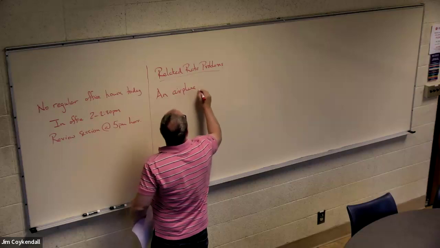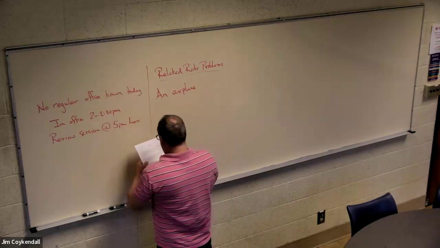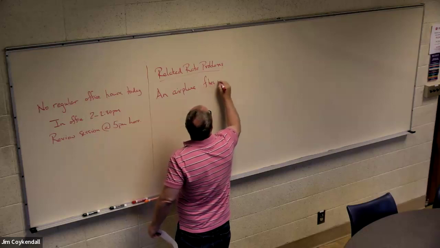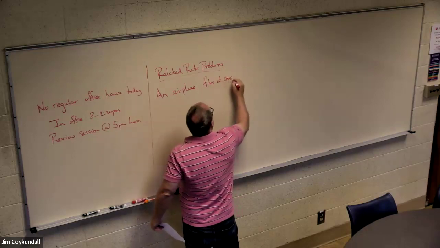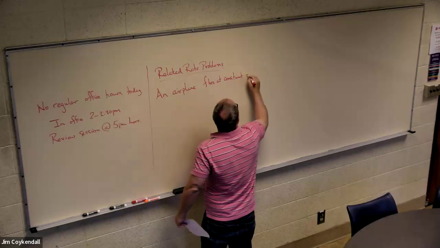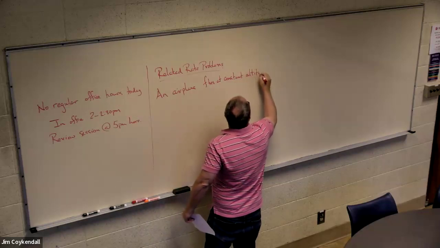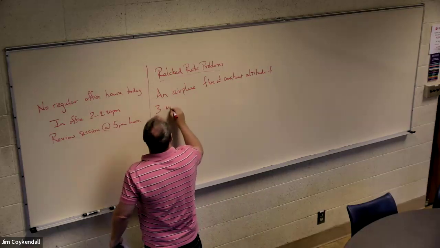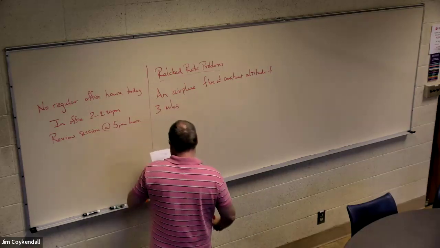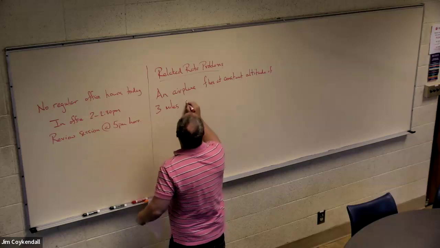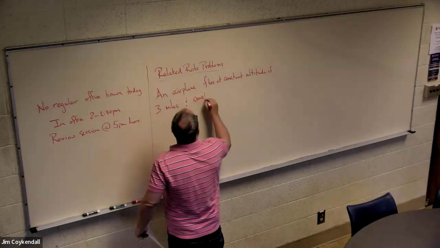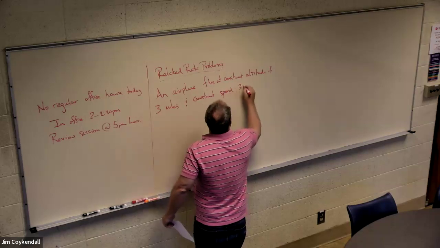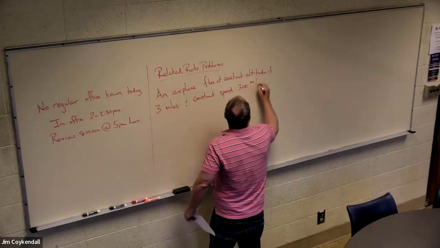So first problem, an airplane flies at a constant altitude of three miles and constant speed of 300 miles per hour.